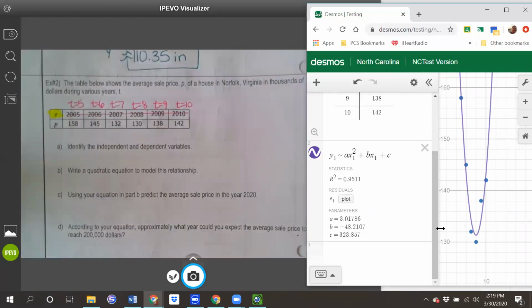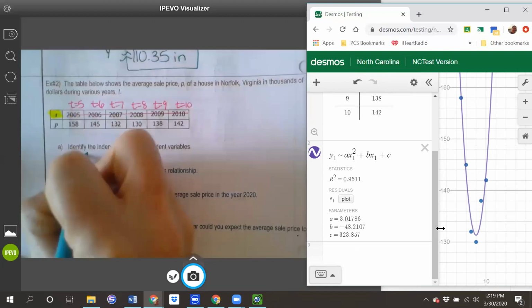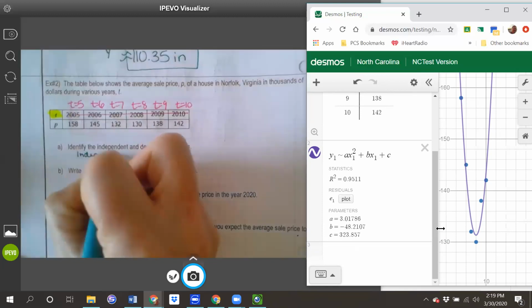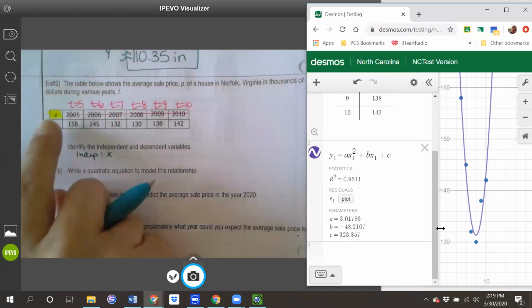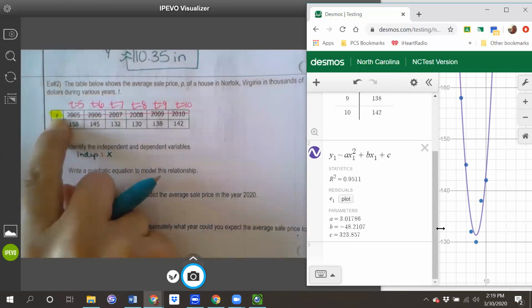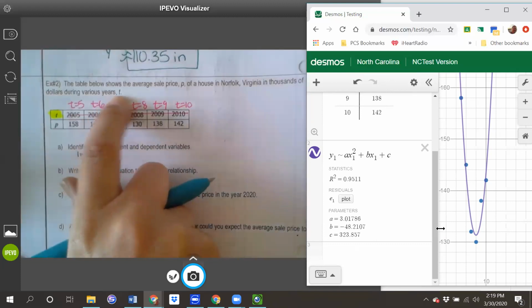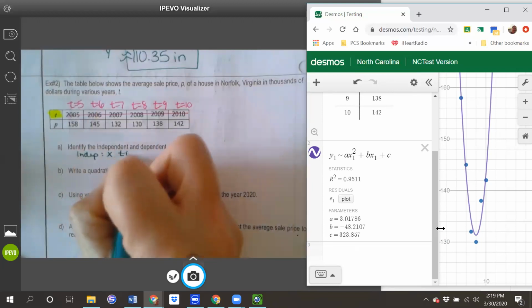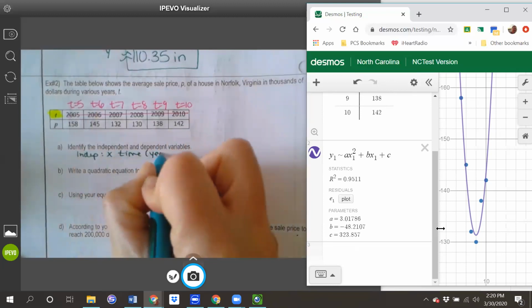So step number 1, it says find the independent and dependent variables. Okay. So independent, those are the X values, which in this case represents time, and time is in years. So this is time in years.